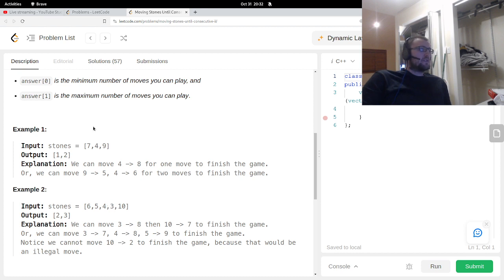If you want the minimum number of moves, you have options 7, 8, and 9. I would say probably your best option is 8. You can move 3 to 8. You can move 4 to 7. And you can move 5 to 9. It's 3 moves.